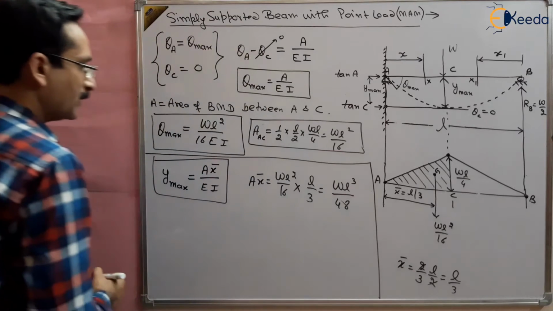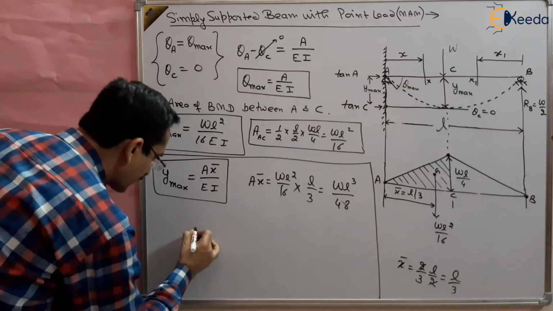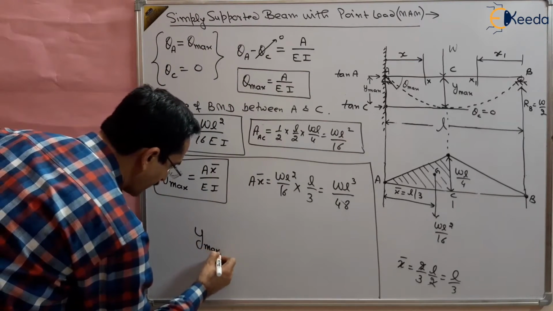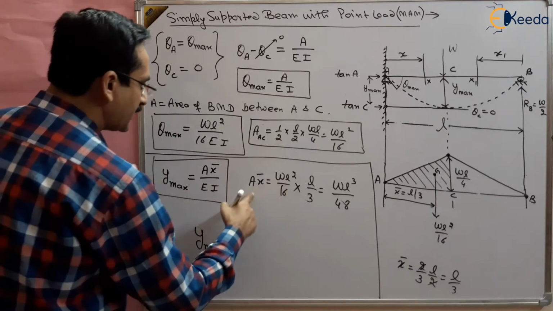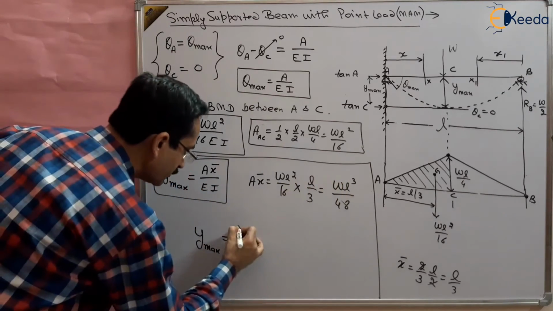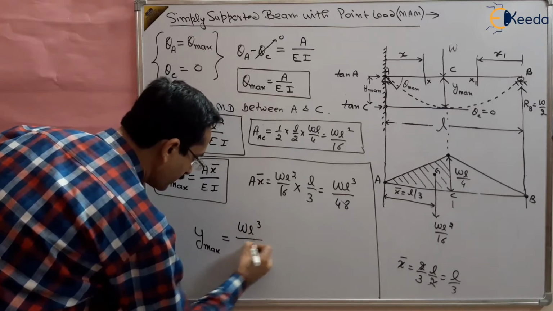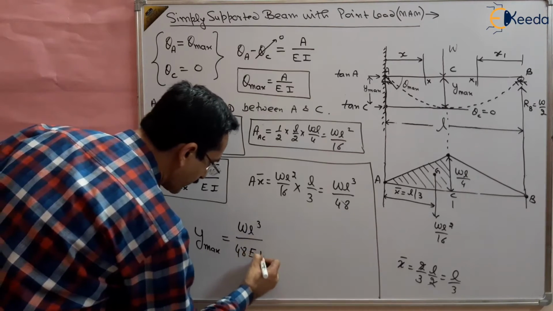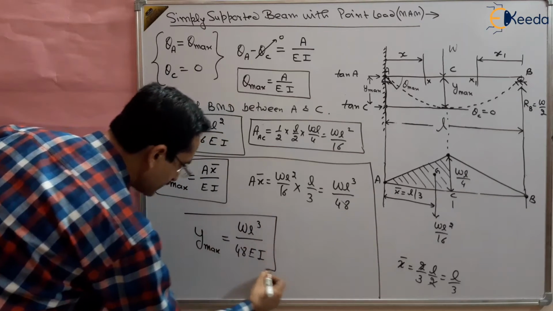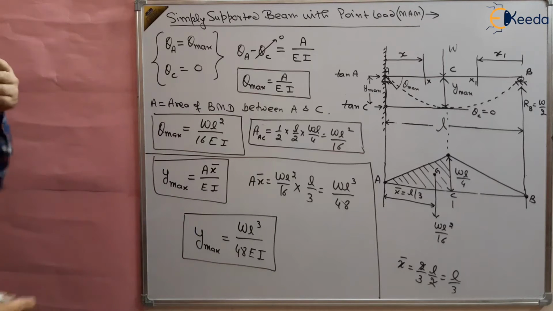Now y max can be obtained as A x bar, the moment of area, divided by EI: WL cube by 48 EI. So this is the answer to this question.